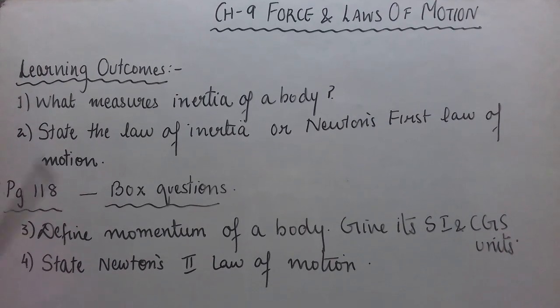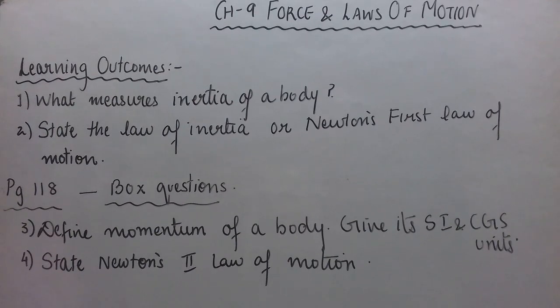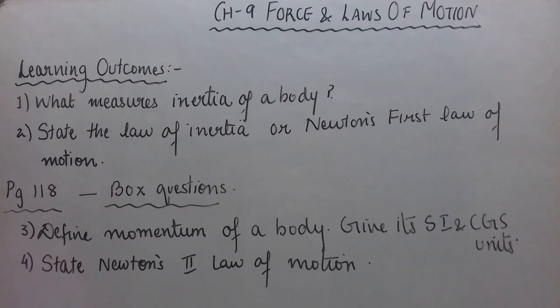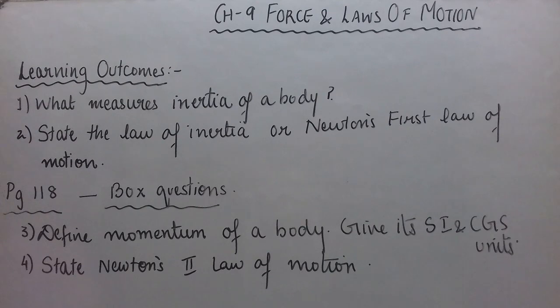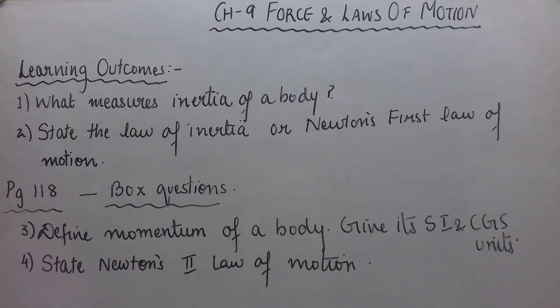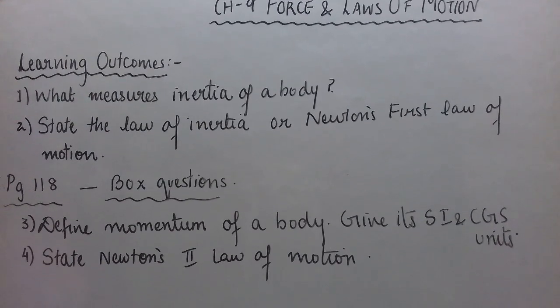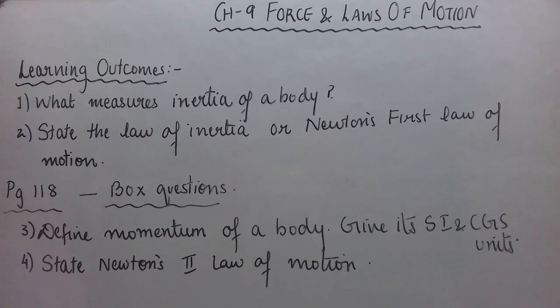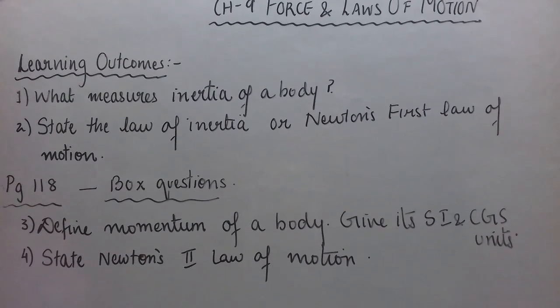Now you know students, if you have a small box in front of you and a big almirah, both at rest, and you want to give them movement, do you think it will be easier for you to move the almirah or the small box? Obviously the small box. Similarly, if a ball is rolling towards you and a big stone is rolling towards you, which will you find easier to stop, the ball or the big stone?